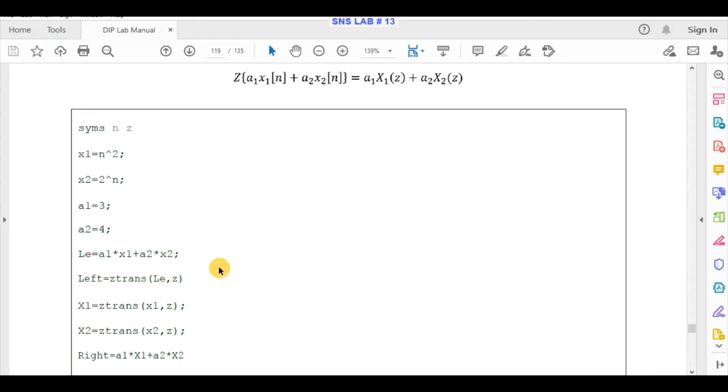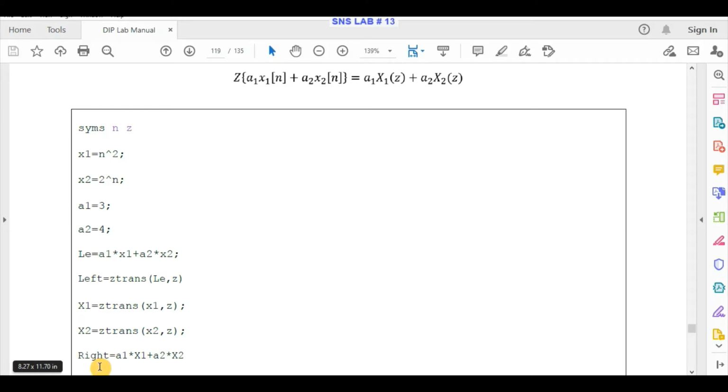In the same way, we will compute the right side. For the right side, first of all, we need to compute the Z transform of x1 and Z transform of x2. Once we have computed the transforms of both signals, then we will multiply those answers to scalar quantities. Here you can see capital X1 is the Z transform of first signal and capital X2 is the Z transform of second signal.